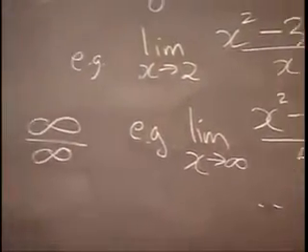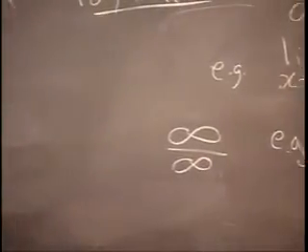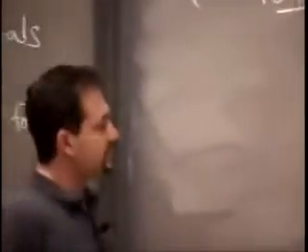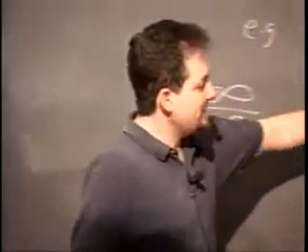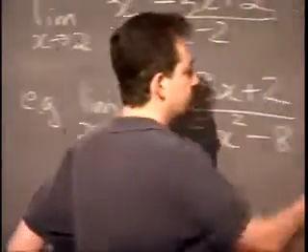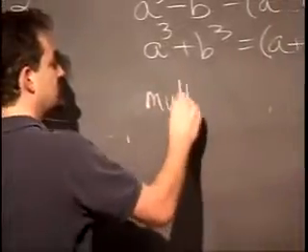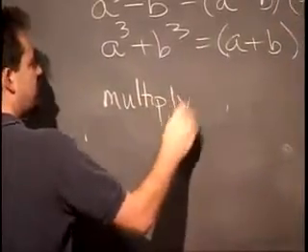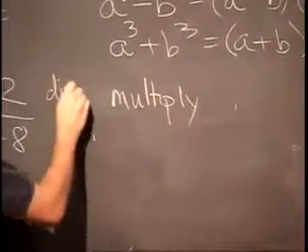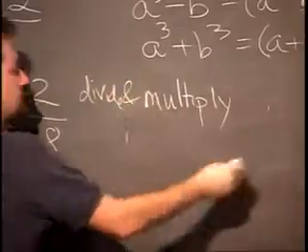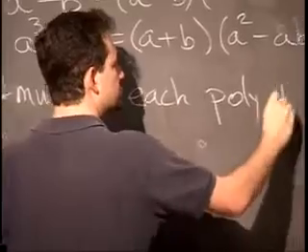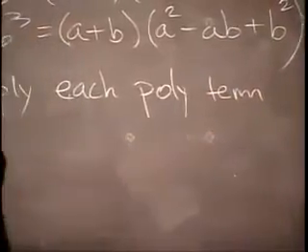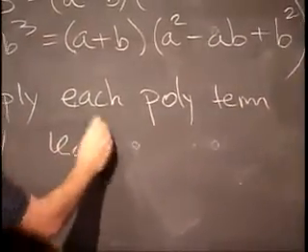It's a difference of squares. Pretty messy difference, but why not? On the other hand, you don't need to. The largest term dominates. The top behaves like x squared. So multiply and divide. In fact, let's say divide and multiply each poly term by its leading term.